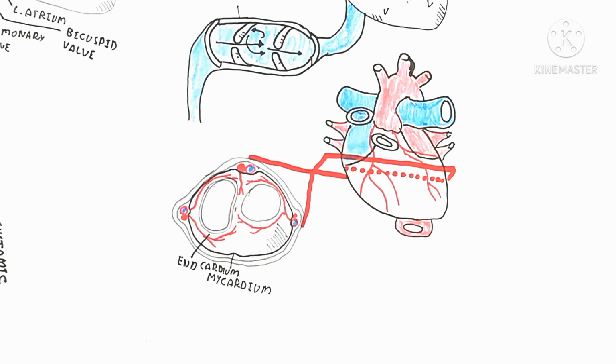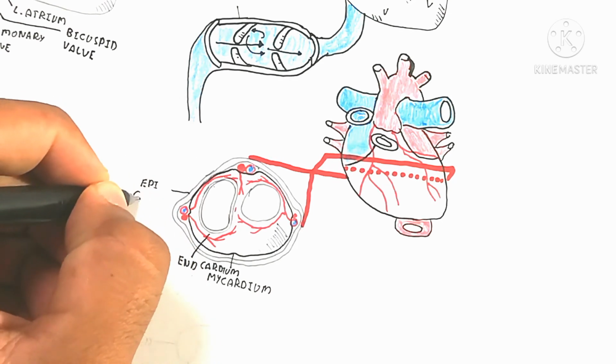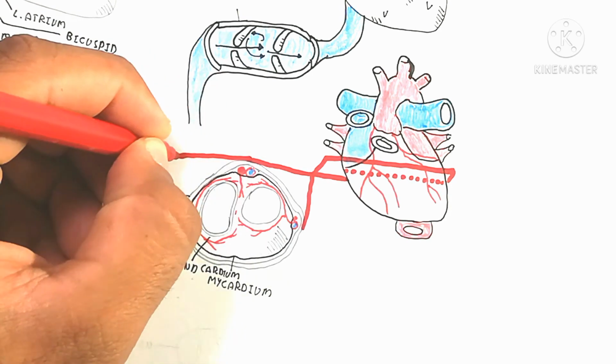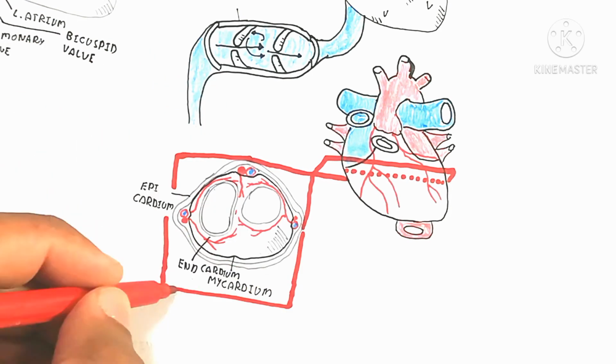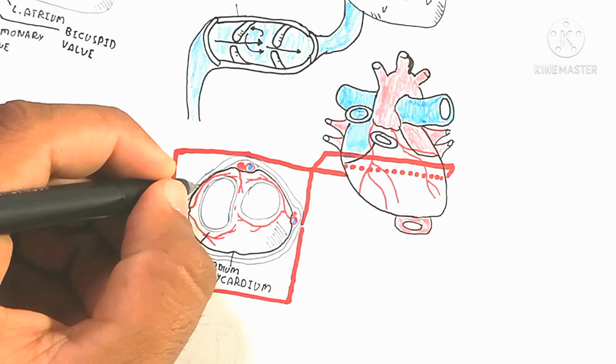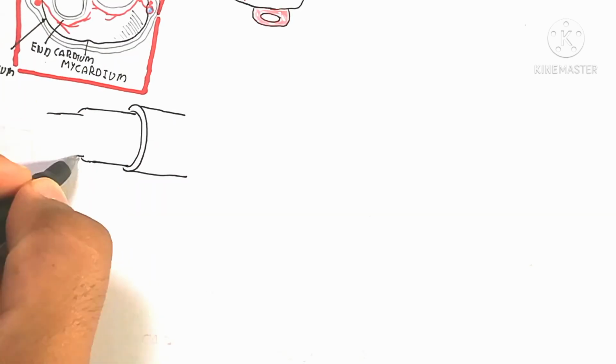So that is important, and here we have covered just a single topic. In the next video we will discuss in whole detail the epicardium, myocardium and endocardium, but here we will discuss just the blood vessels.